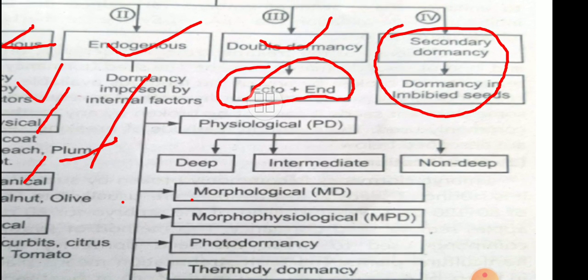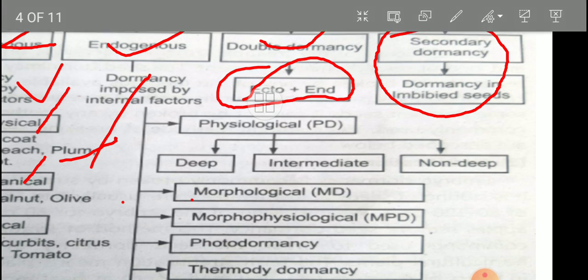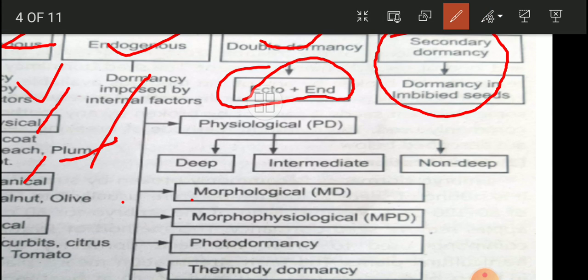Endogenous dormancy is imposed by internal factors, that is, physiological factors, PD, which may be deep, intermediate or non-deep. Morphological factors are there, and morphophysiological factors are there.